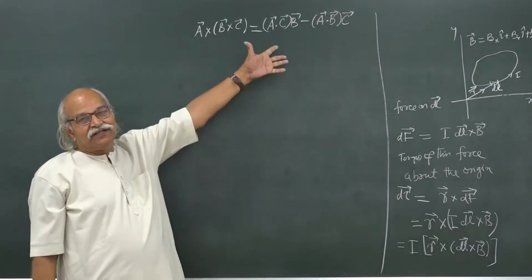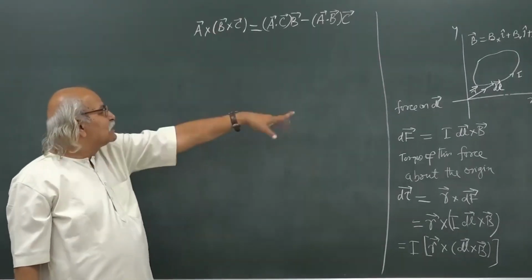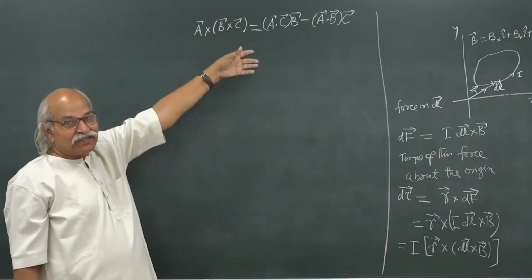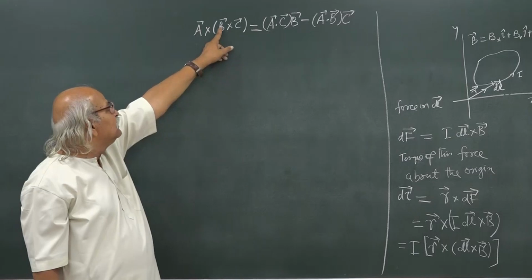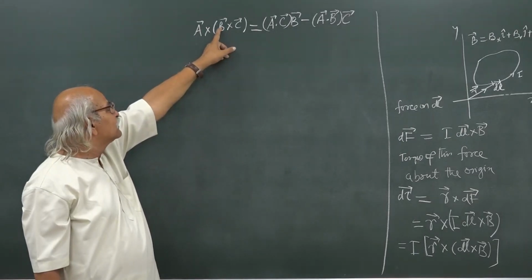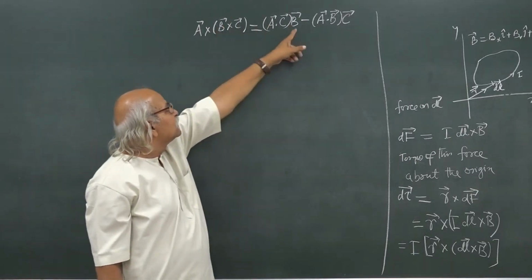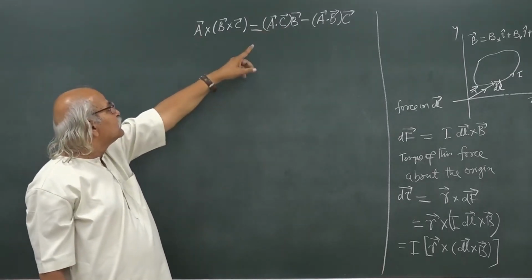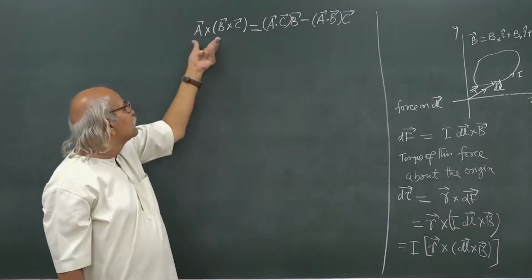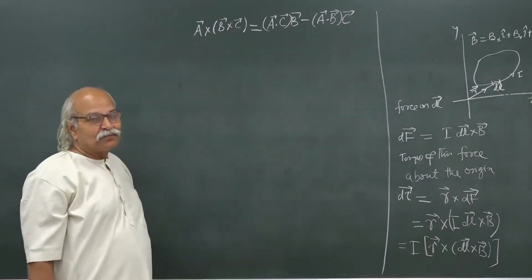You can prove this very well if you just take the origin, x, y, z axes, and write in components. And to remember, the first vector in this bracket is to be taken out, and the rest two are put as a dot product, and then minus this has to be taken out, and the rest two are put as a dot product.